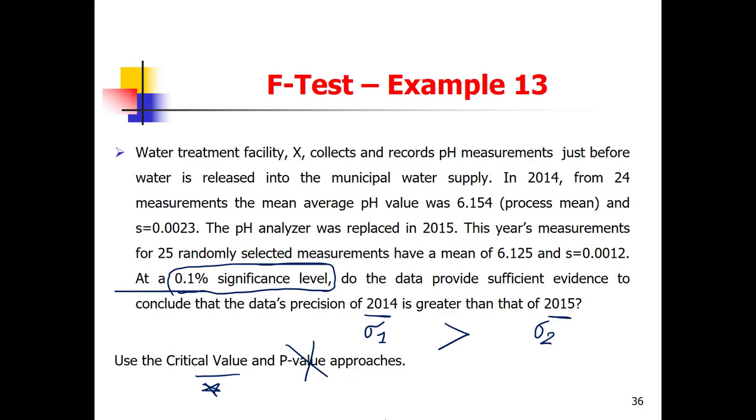So let's see what we have. In 2014, the number of samples is 24. In 2015, the number of samples is 25.